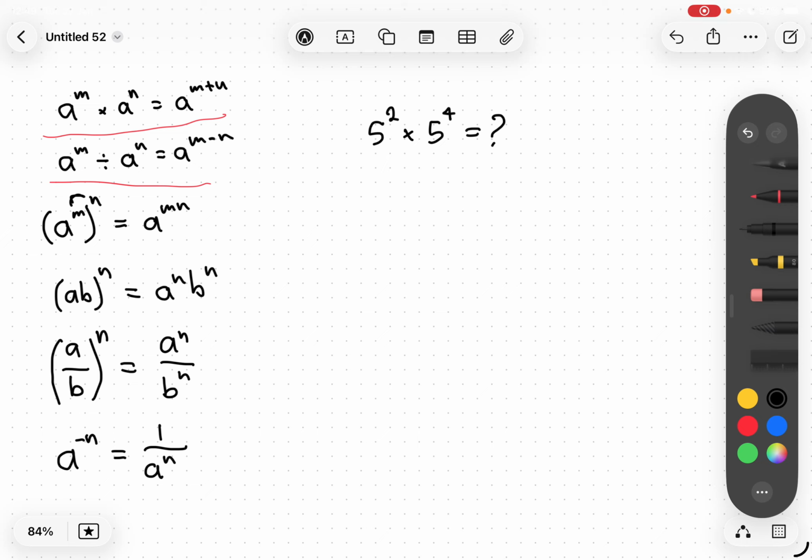So let's look at this. Now because there's a times in the middle, we're going to do 5 to the 2 plus 4, or 5 to the 6, or if we put that into our calculator, it's going to equal 15,625. There we go.